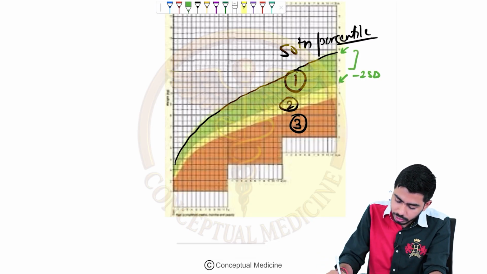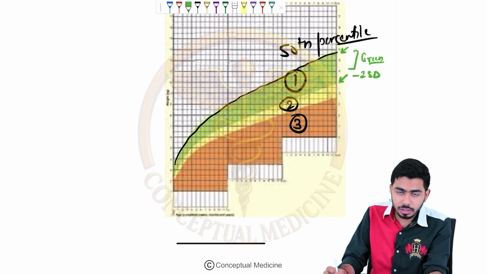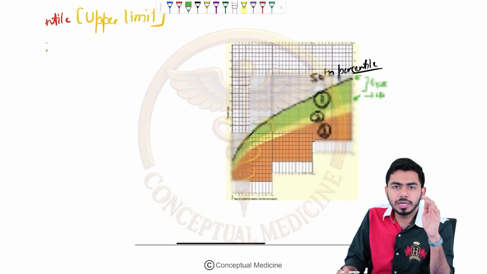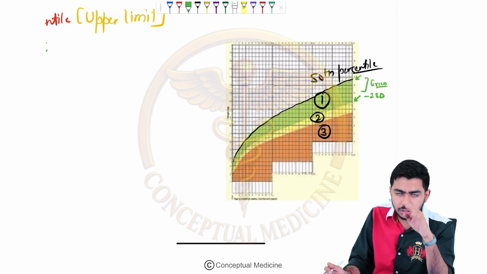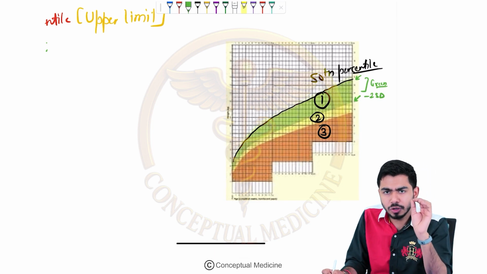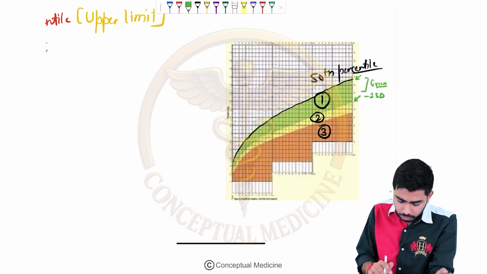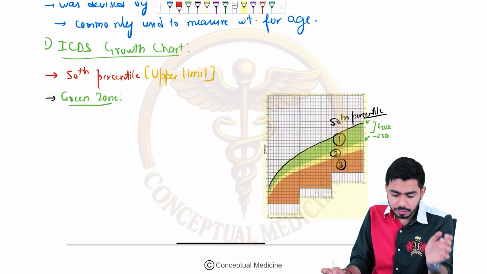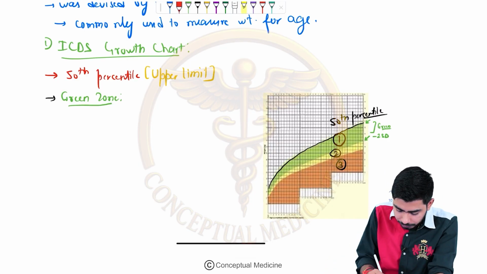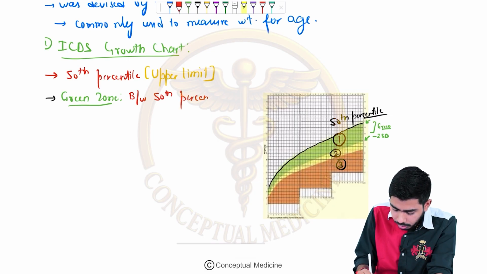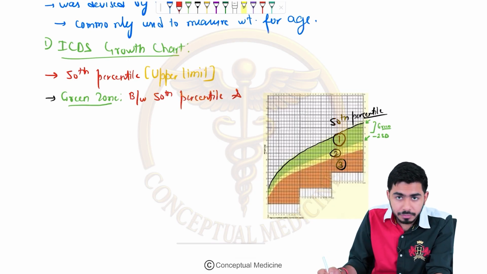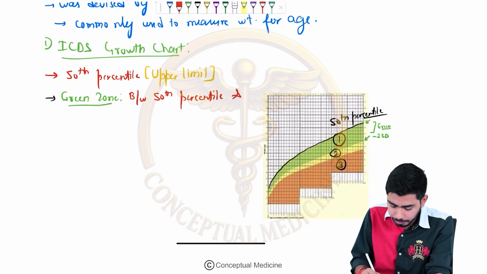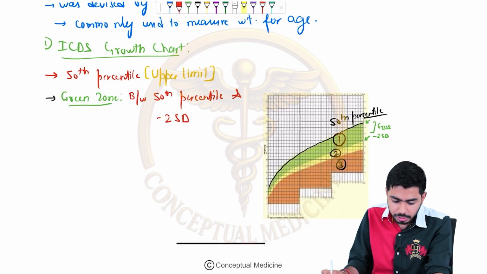So this zone will be called the green zone, and this is called the normal nutrition zone. So we shall be writing that the green zone is between the 50th percentile and the -2 standard deviation.